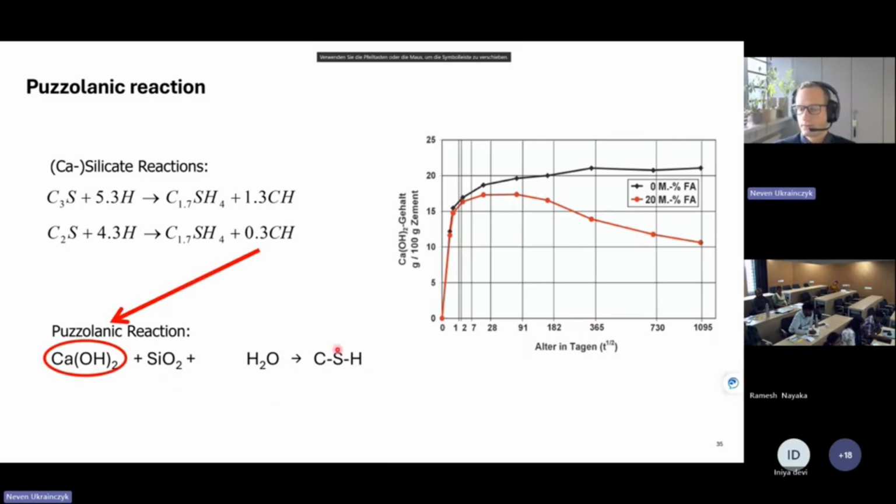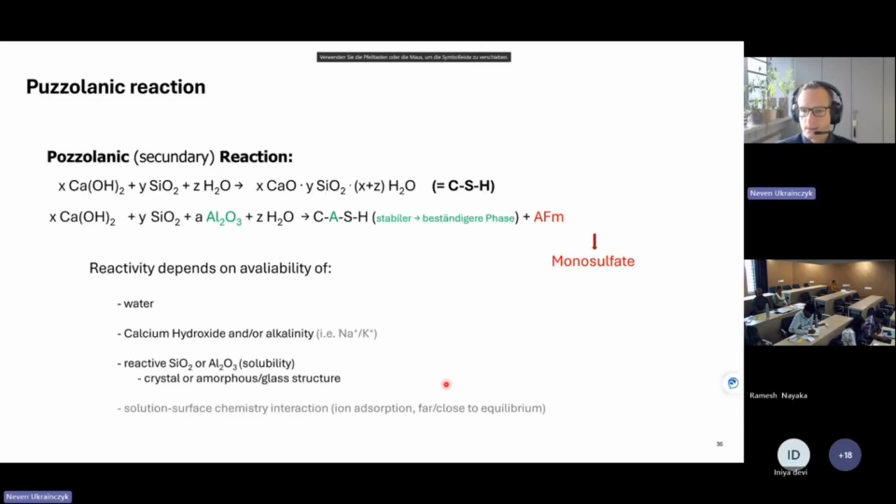This is the Pozzolanic reaction. But of course we can also have aluminosilicates. The fullest way to describe this would be using aluminosilicates, giving the CASH phase and the AFm phases, for example monosulfate.